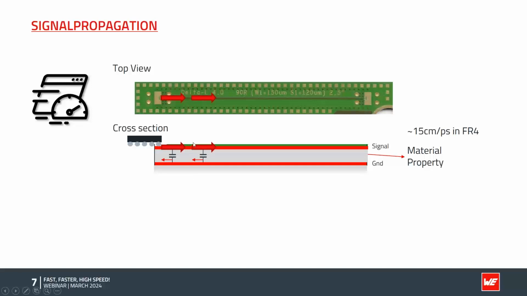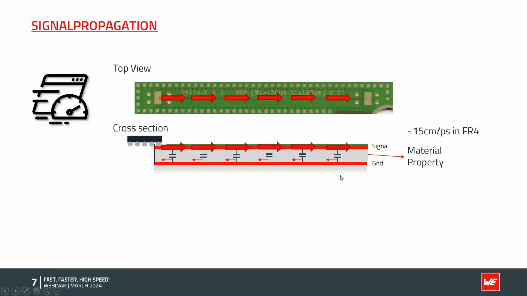And the signal propagates through the material. It starts really like a wave. Imagine a water wave in a small channel. You empty a bucket of water on one side, and the wave of water will travel through the channel step by step. And that's the idea of what happens here.